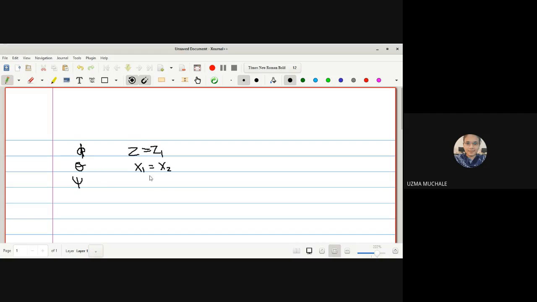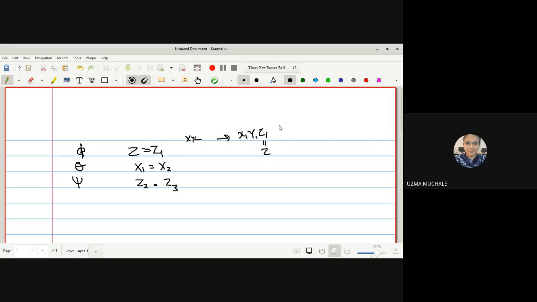And next, we again found the rotation through an angle psi, and it is rotated about z2. That means the z2 axis is equal to z3. Right. First xyz has been changed to x1 y1 z1, in which z1 is nothing but z.